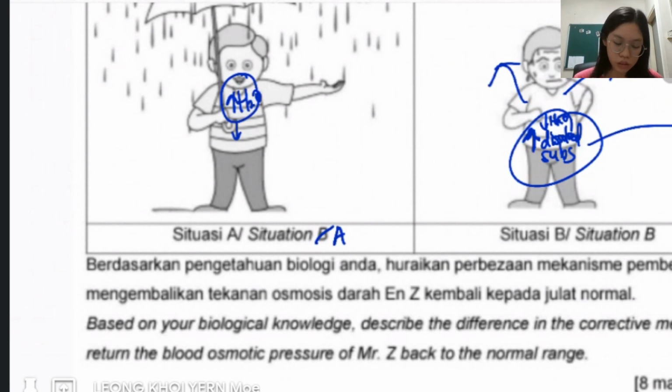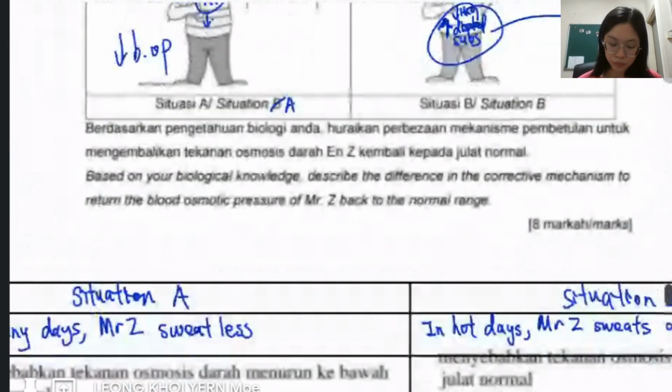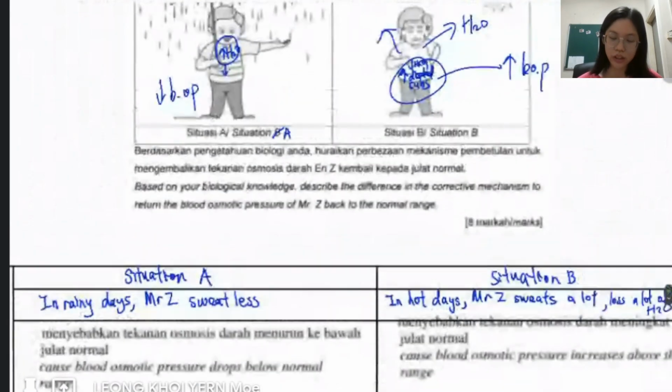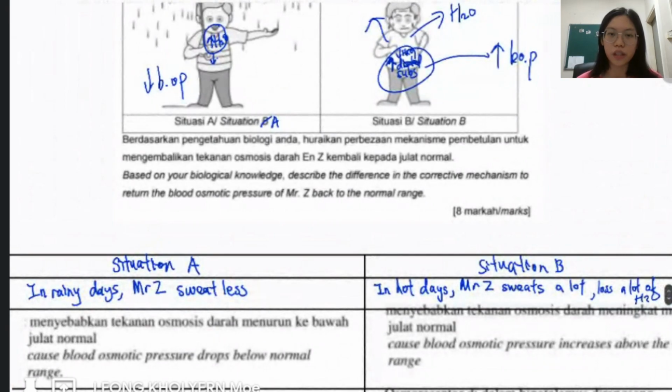So now it means he has a lower blood osmotic pressure than the normal range. Situation A is higher blood osmotic pressure. Okay, I focus on this sweating guy first.